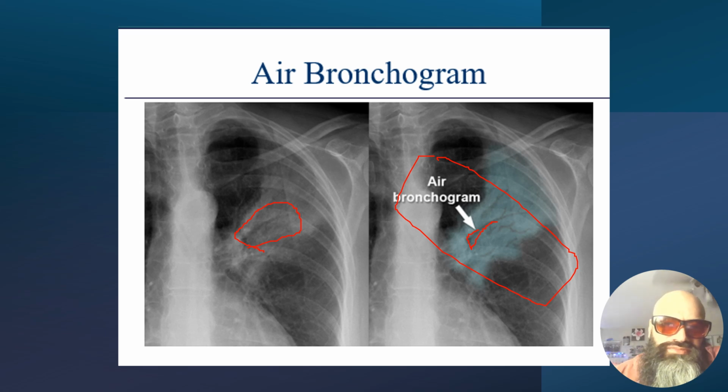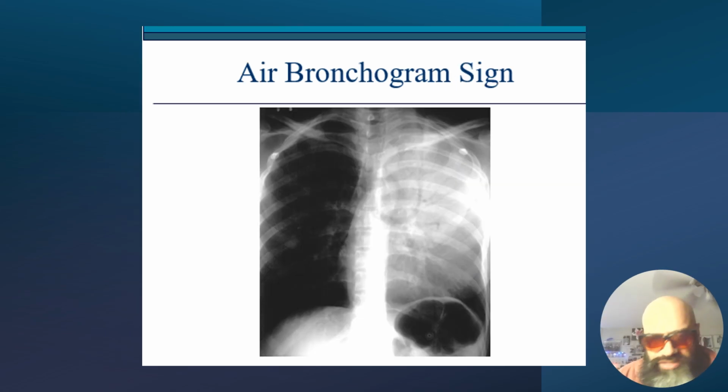It's non-specific. The alveoli can be filled with any type of fluid density, depending on the pathological state of the patient, such as if they have pneumonia or they're hemorrhaging or they have pulmonary edema. So if you do find an air bronchogram sign, that means that the lesion is within the lung region. Okay, that is what this signifies here. It's not anywhere else. It's not outside of the lungs, but it's within the lungs.